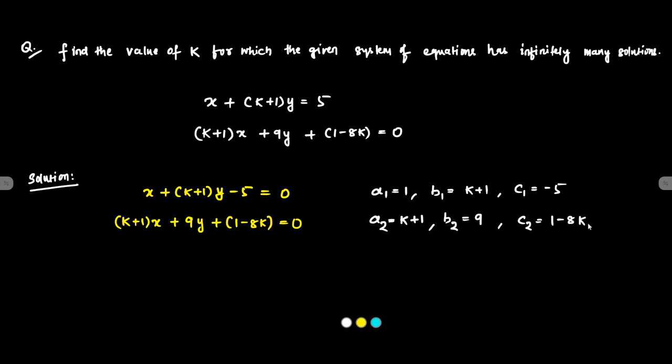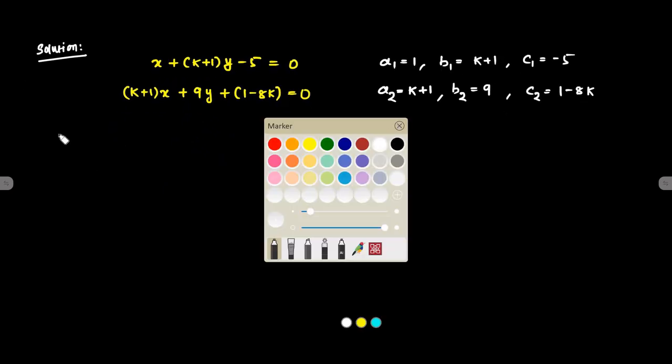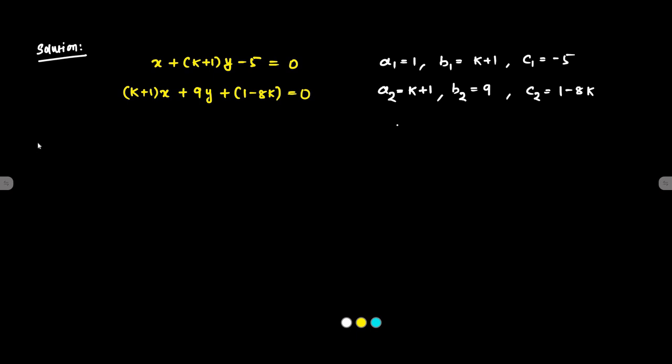Okay, now we have to find the value of k for the condition of infinitely many solutions. So what is the condition? The condition is a1 by a2 should be equal to b1 by b2 should be equal to c1 by c2.